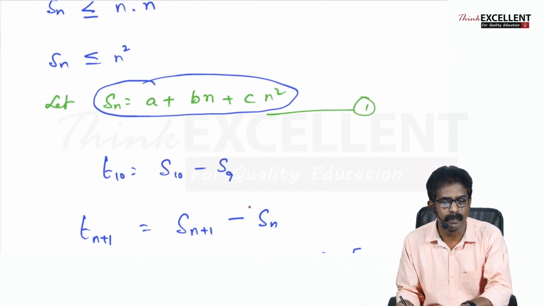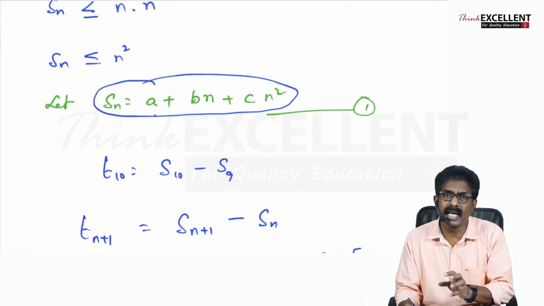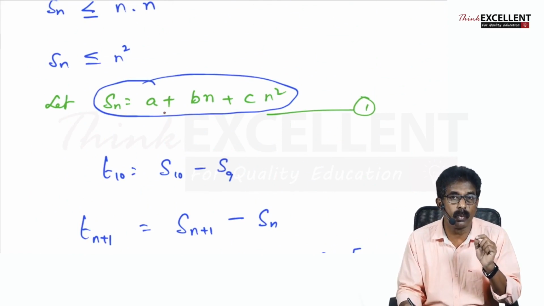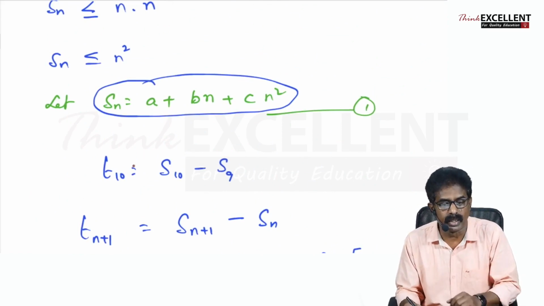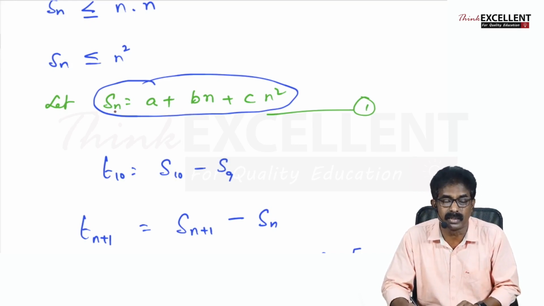Please listen here. So from equation 1, wherever n comes, I'm going to give 1. You put n equal to 1 in the first equation. So can you tell me what you get? Left side, wherever n comes, you put 1. So you'll get S1 equal to A plus B into 1, B, plus C into 1 square. 1 square also 1 only, right?